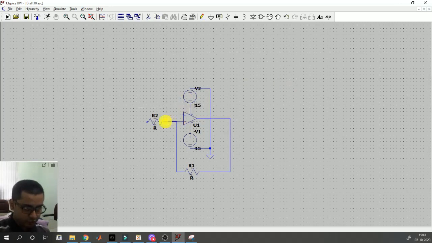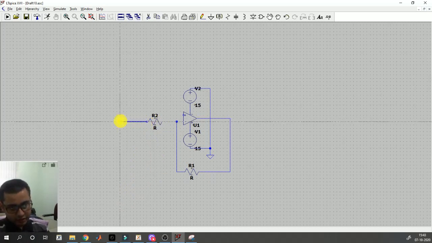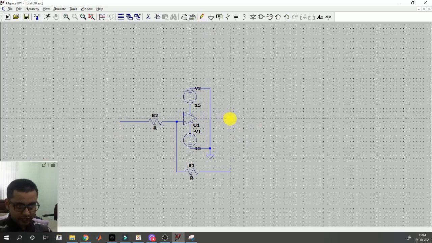and this end I will also connect to this resistance, and from here I will keep a wire hanging out, another wire I will keep here hanging out. This will be the input of my amplifier, this will be the output of my amplifier.